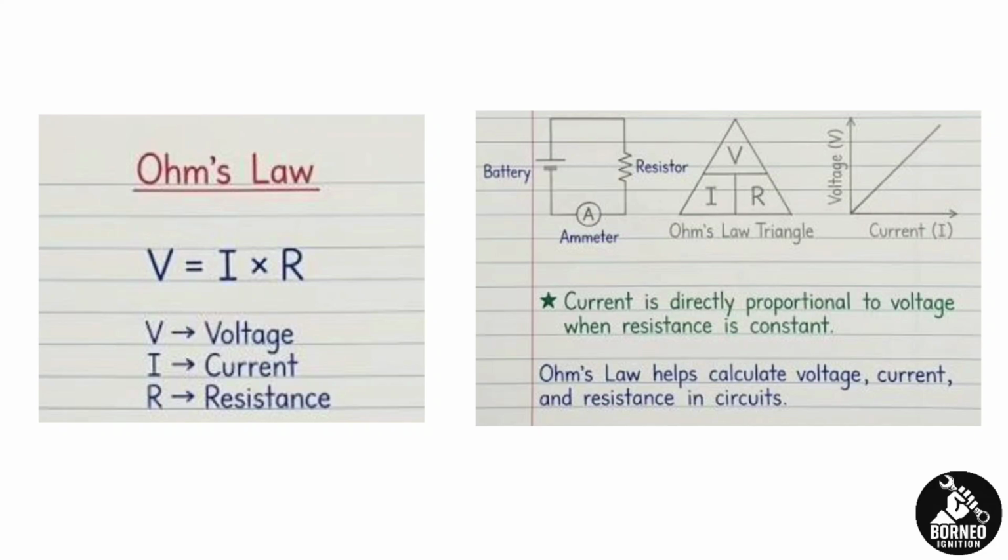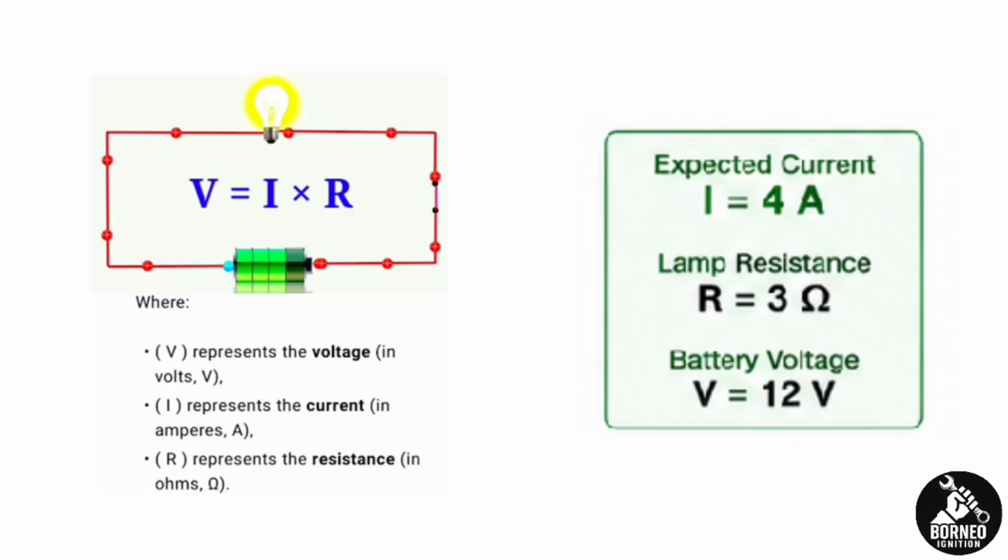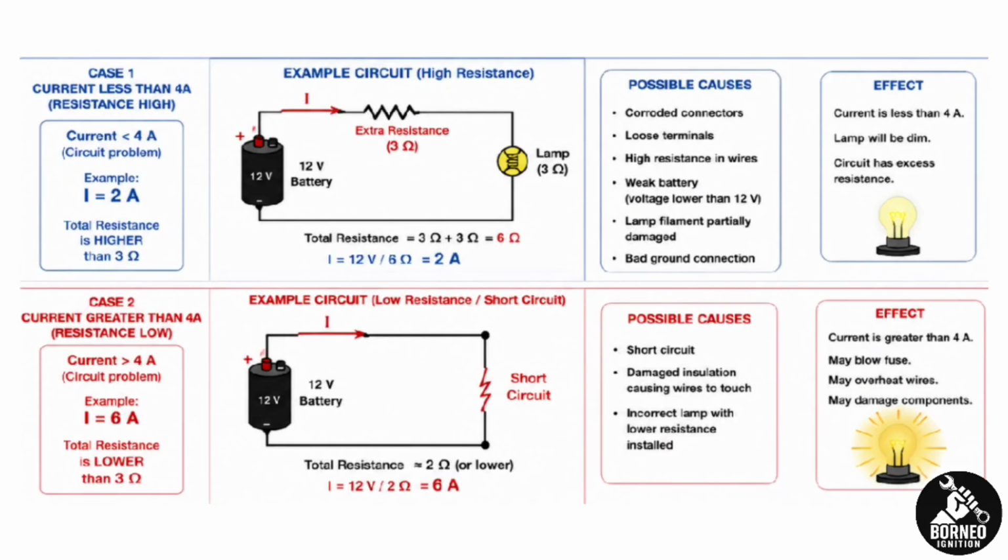For example, suppose you have a headlamp that has a 3 ohm resistance and it's connected to a 12 volt battery. Our current will be 4 ampere, right? If the value is less than 4 ampere or higher than 4 ampere, it means there's something wrong. So this is where the principle of Ohm's law is applied.